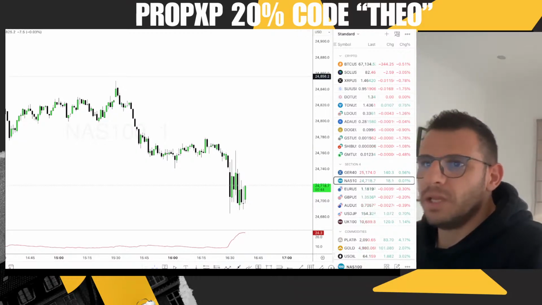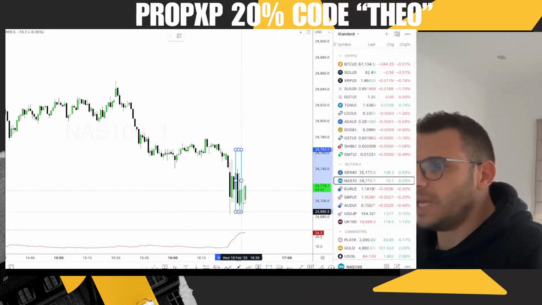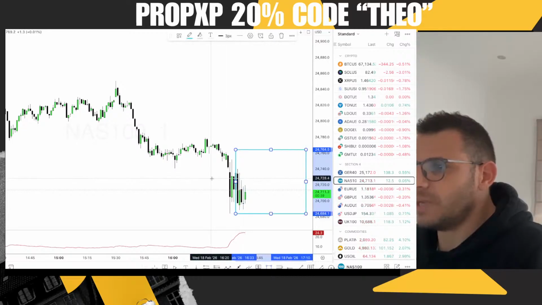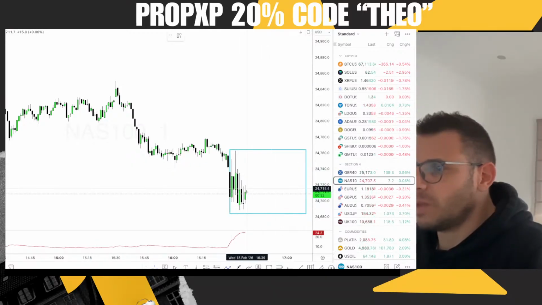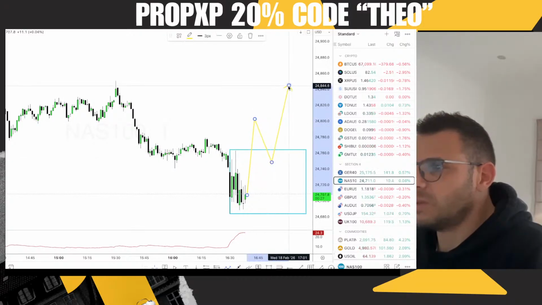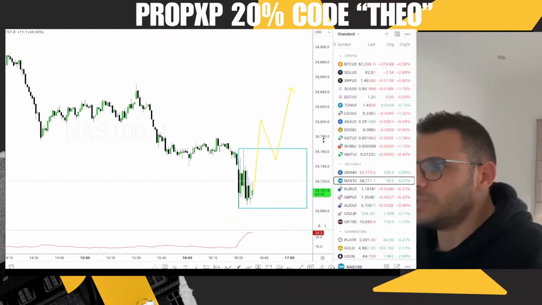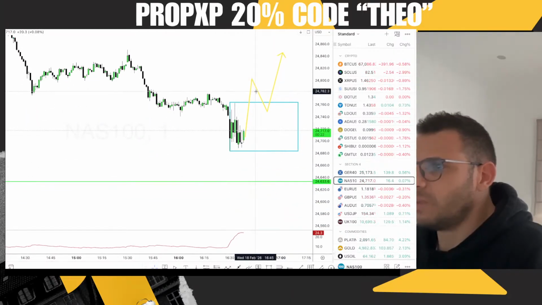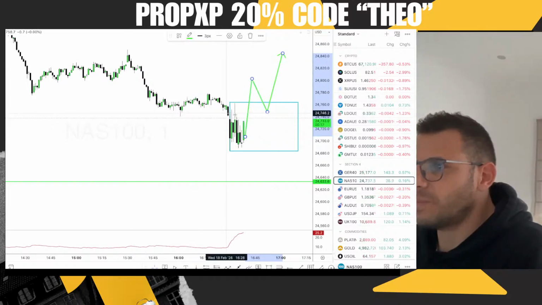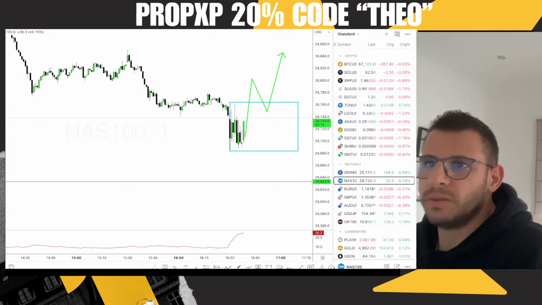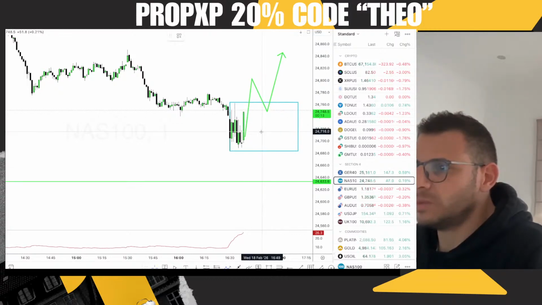So the market will play this session between this high and that low here, this box. A break above the box can push the price further up. A break below the box, the opposite. Or if we're gonna see the break to the downside.